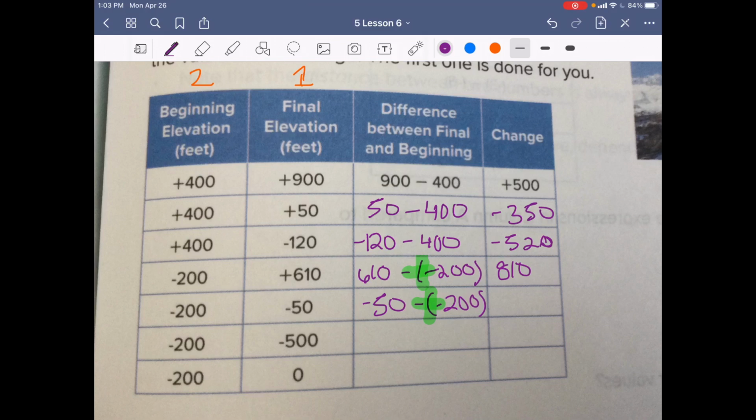So negative 50 plus 200 is 150. The next one, our final elevation was negative 500 minus negative 200. How far apart are those? Negative 300.